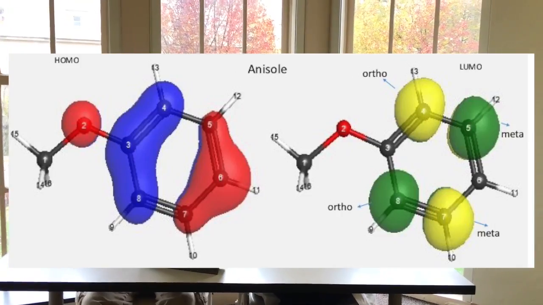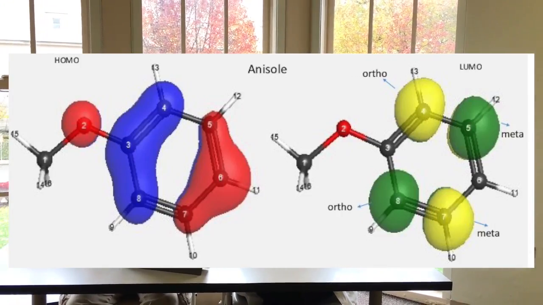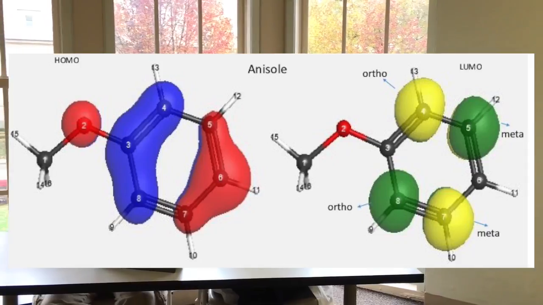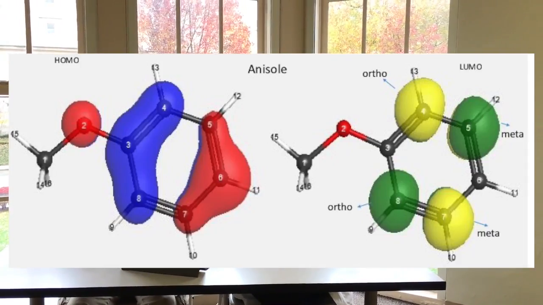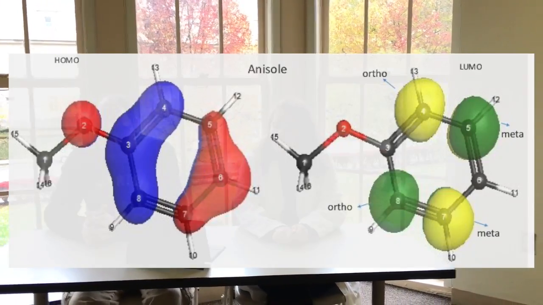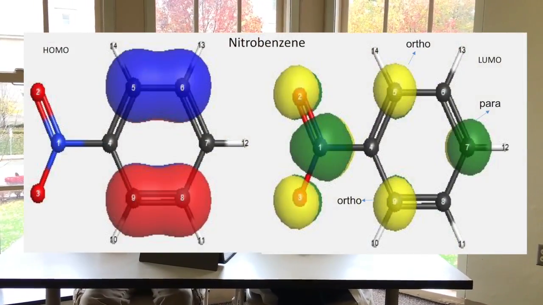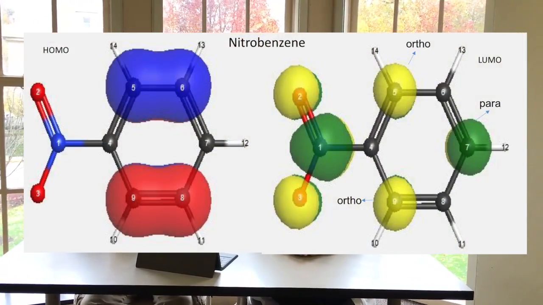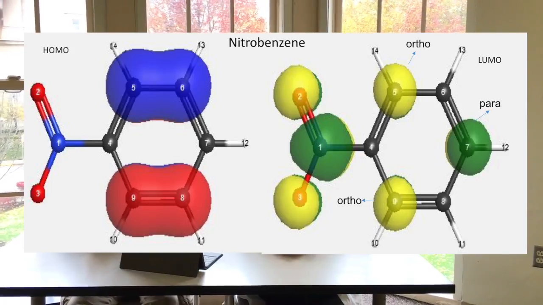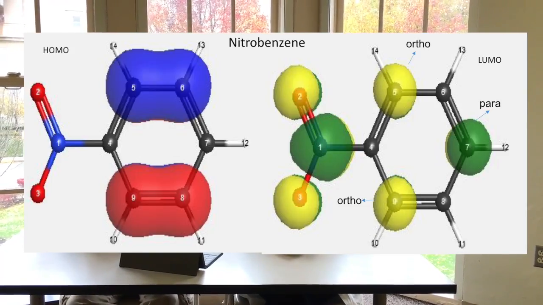Whereas for anisole, the small LUMO lobes on the ortho and meta positions support the observed effect of the electron donating groups. And then for nitrobenzene, the small LUMO lobes centered on the para and ortho positions support the strongly withdrawing groups directing substituents to the meta positions.